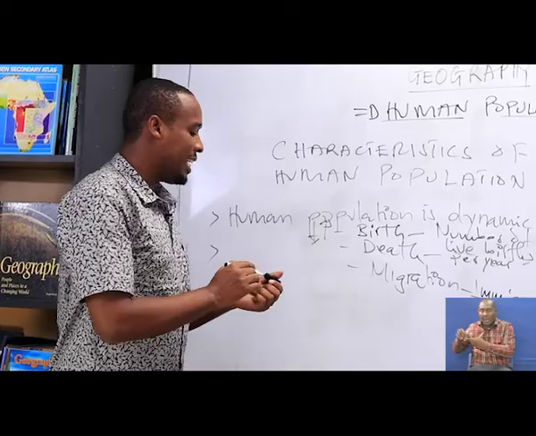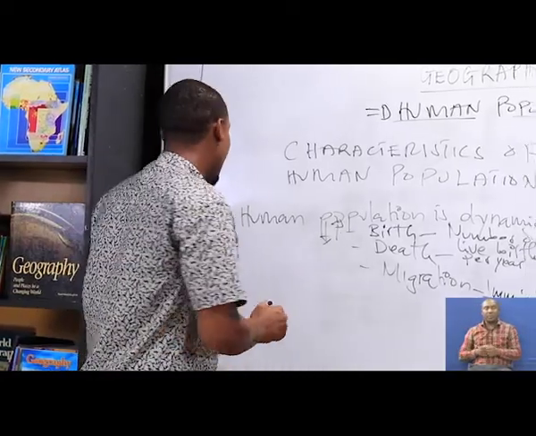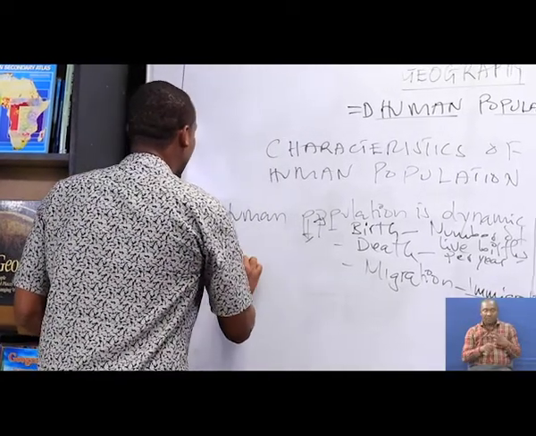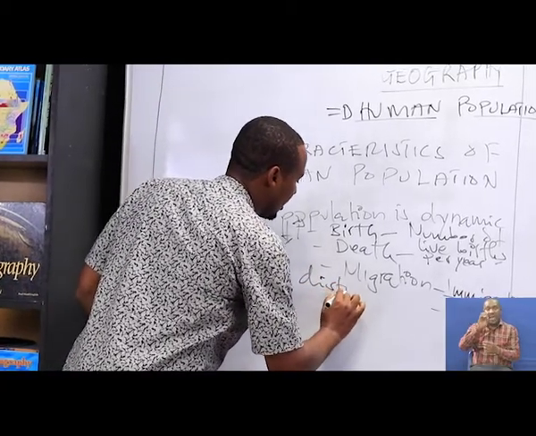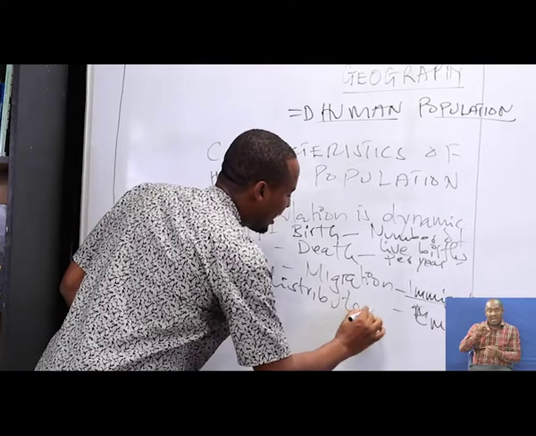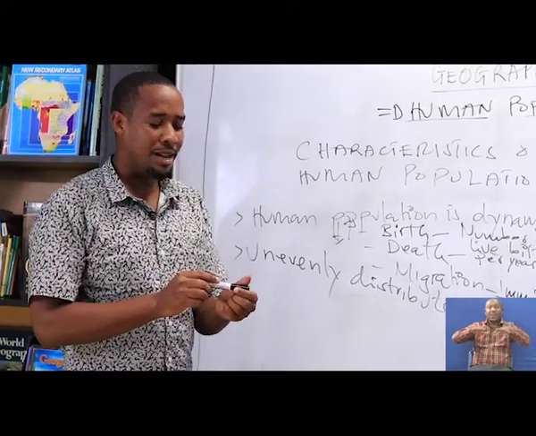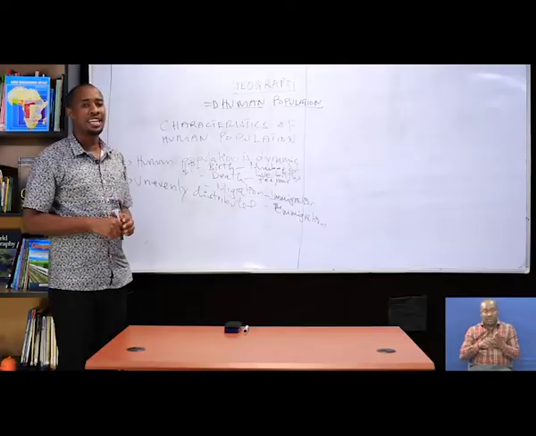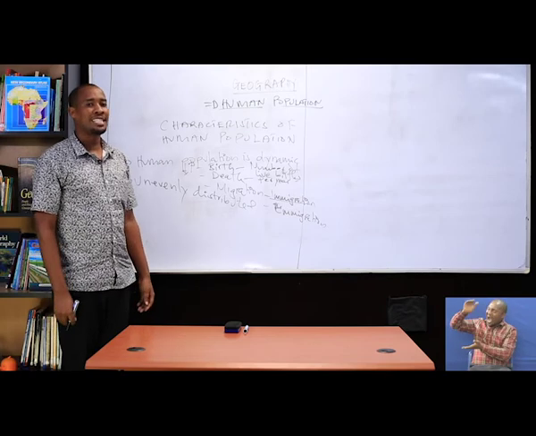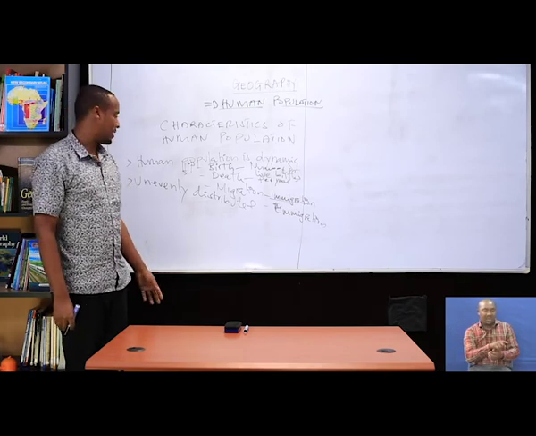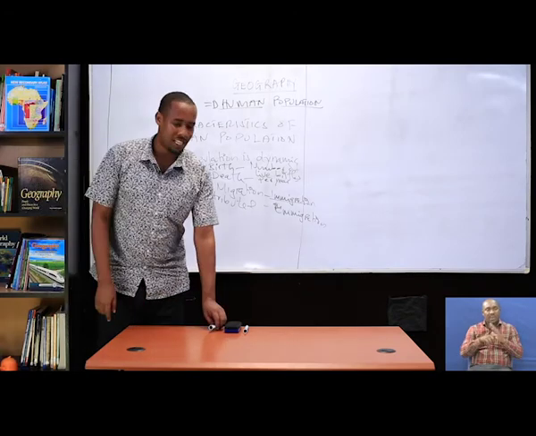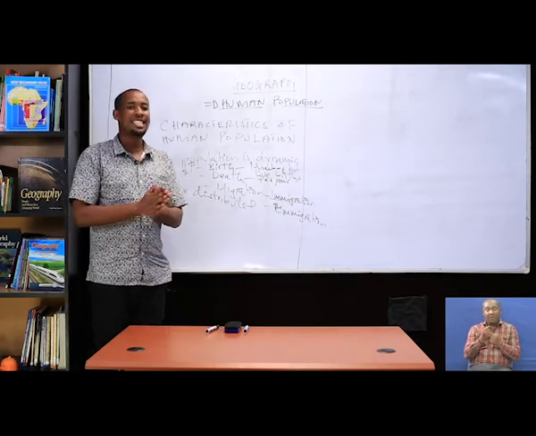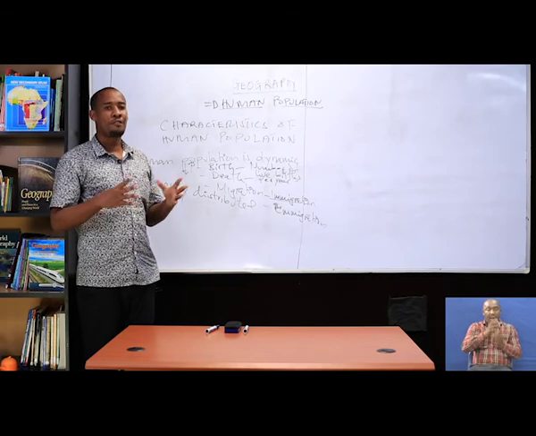Then the second characteristic, I said, is that human population is unevenly distributed. That means some areas have high populations while other areas have low populations. In East Africa, we have some regions in which the population is high because of several factors.